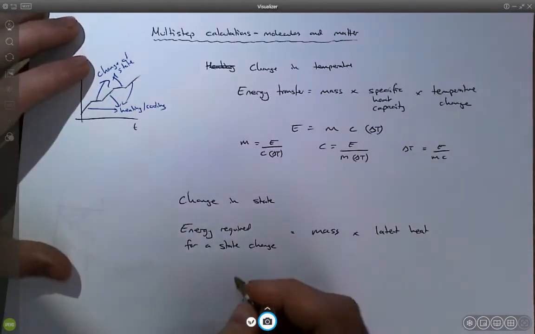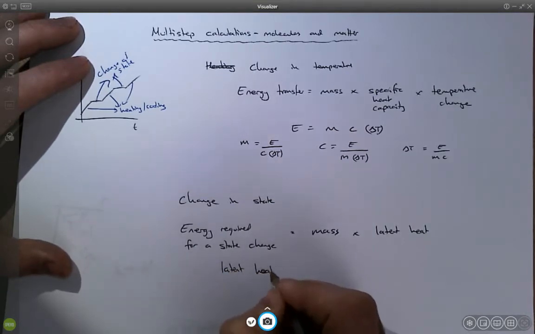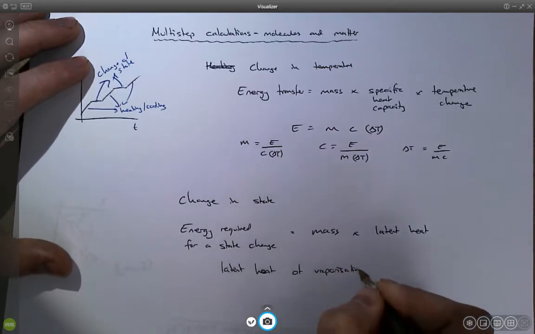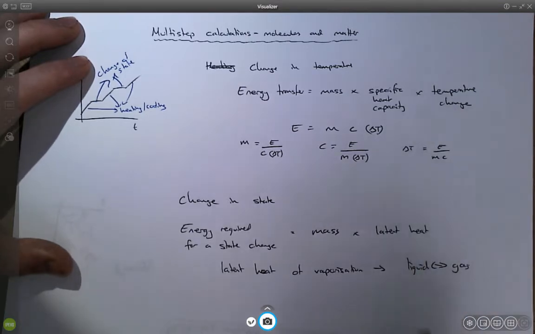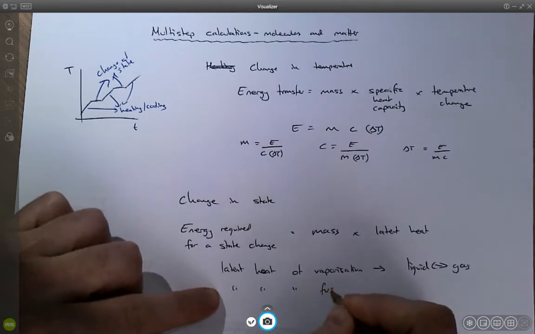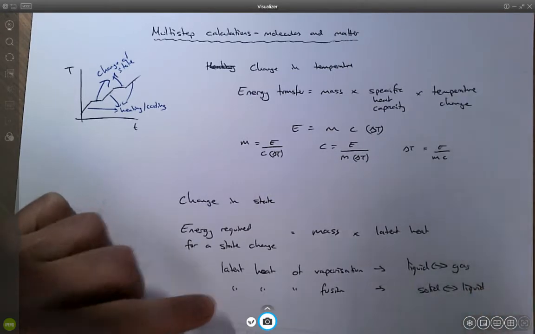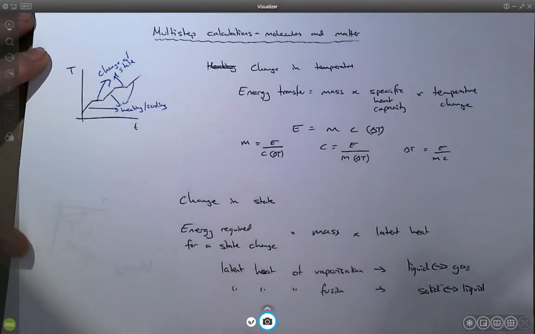Now, if it's the latent heat of vaporization, that means it's going liquid to gas or gas to liquid. And if it's the latent heat of fusion, then it's going solid to liquid or liquid to solid.